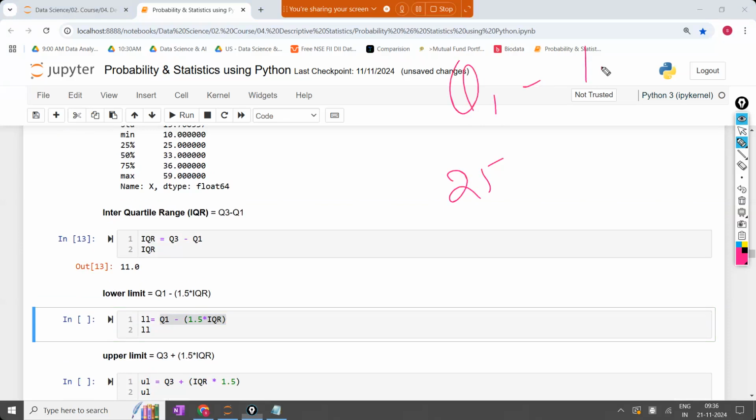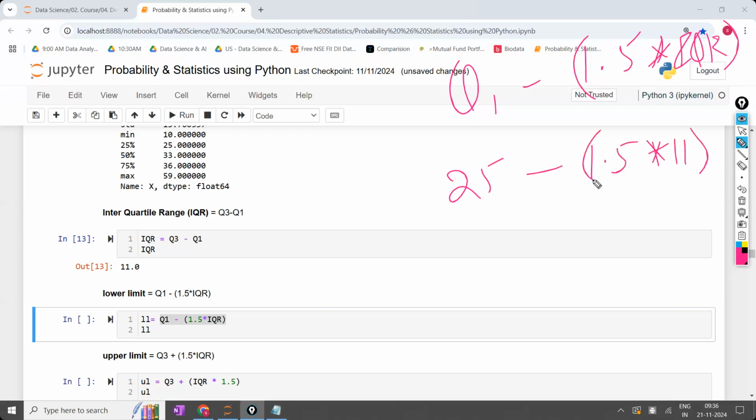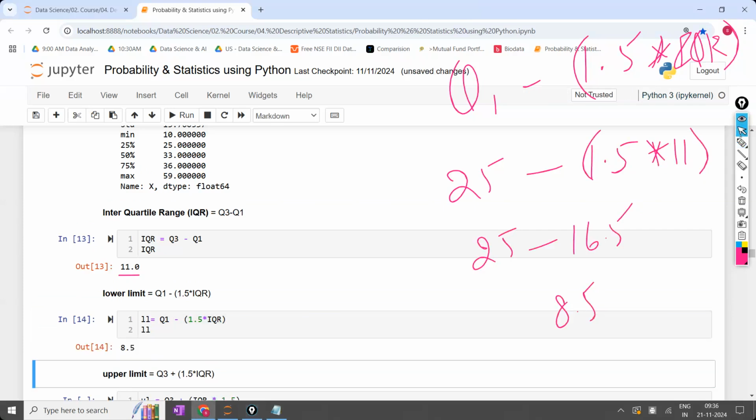How much is the IQR for you? 11. Just now we have calculated IQR, that is Q3 minus Q1. So 25 minus 16.5, which is 8.5. The value is called the lower limit value.